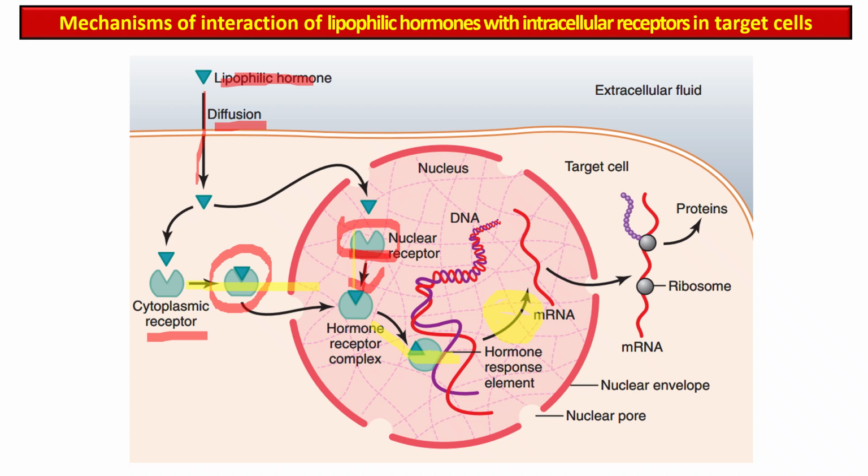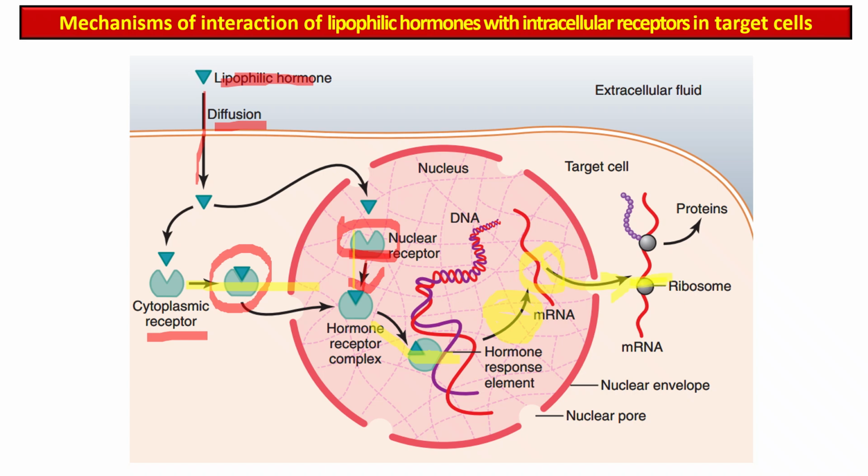So mRNA or messenger RNA is synthesized, and this synthesis will reflect the hormonal signal. The mRNA that is present within the nucleus exits from the nucleus via the nuclear pore, and it is translated by the ribosome in the cytoplasm.